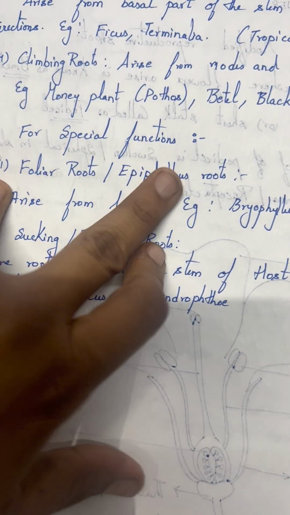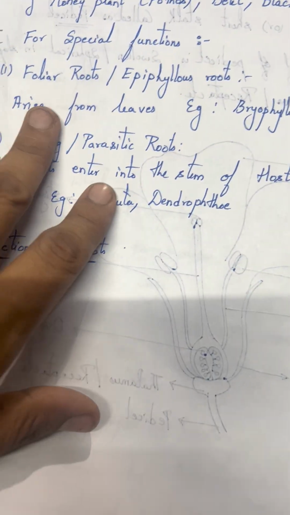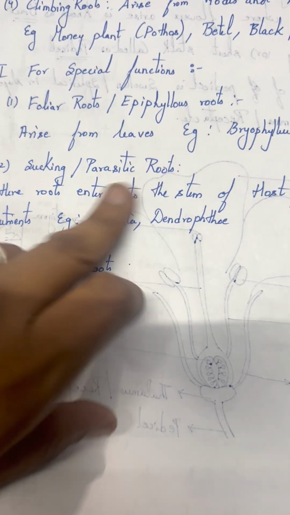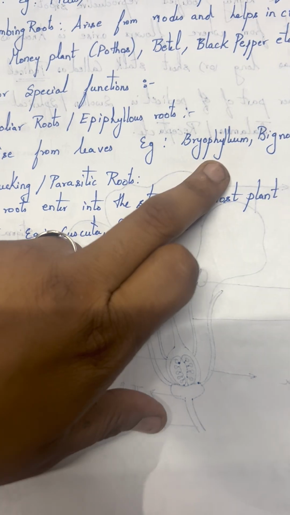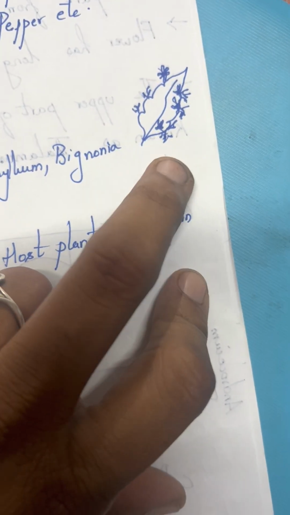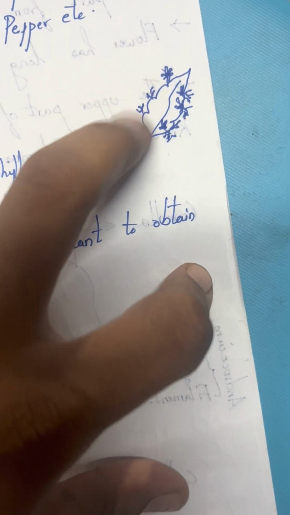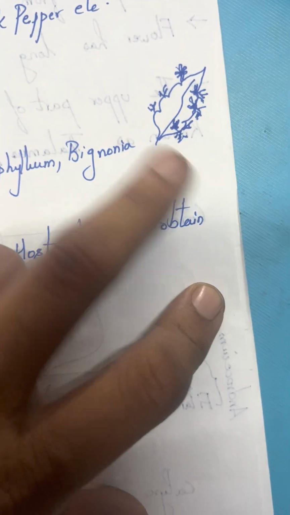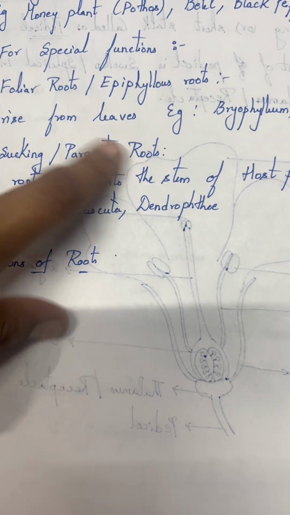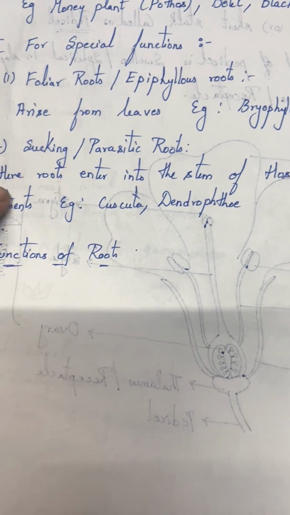Next, for special functions. Foliar roots or epiphyllous roots arise from leaves. Example, bryophyllum. We have already seen this category. When the leaves fall on the soil, the edges of the leaves produce plants. Next is sucking or parasitic roots.